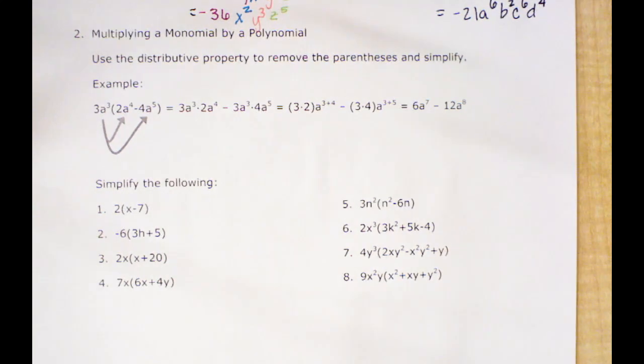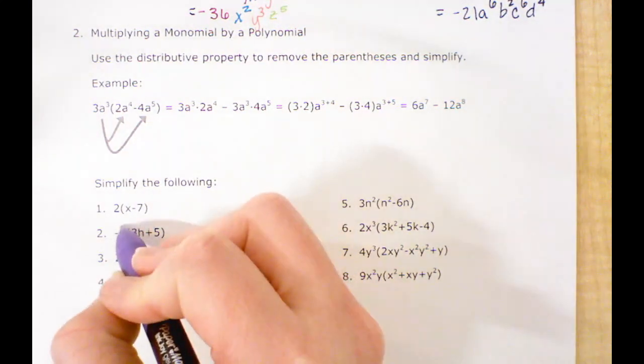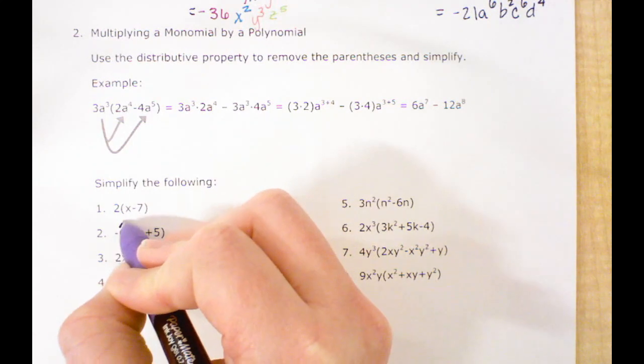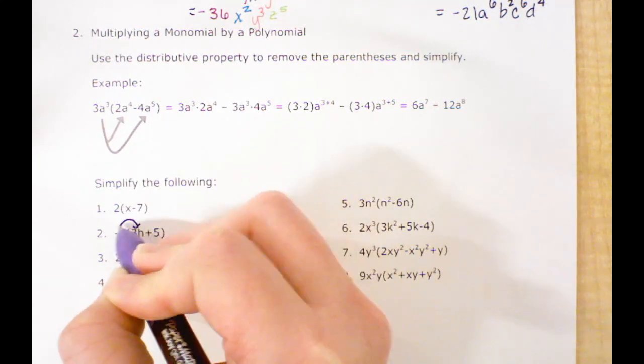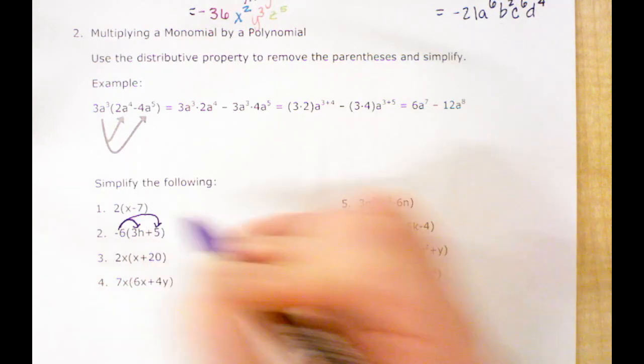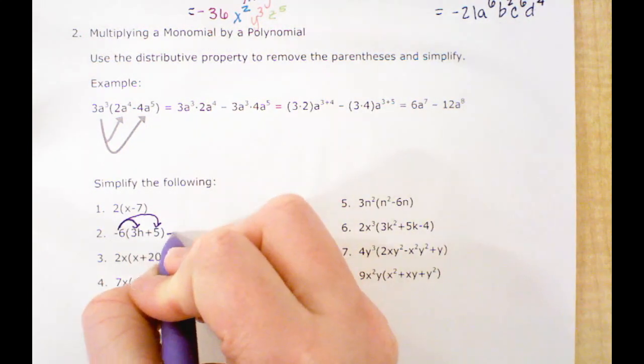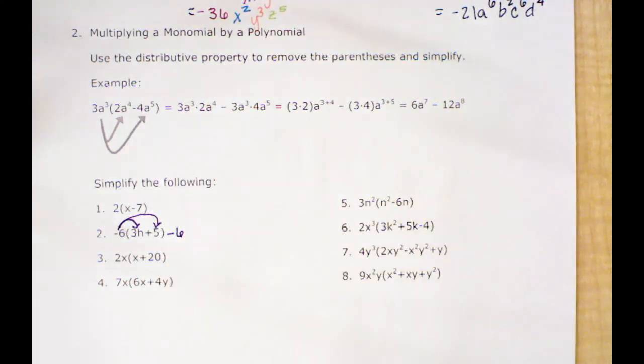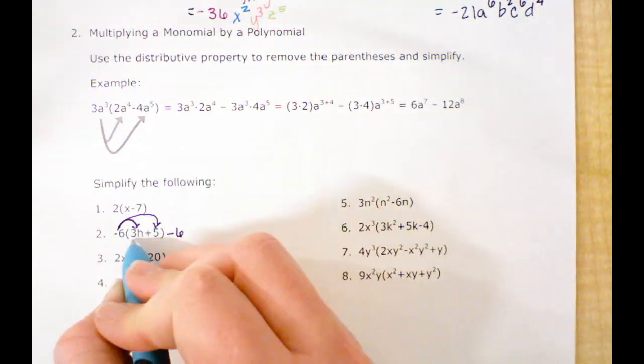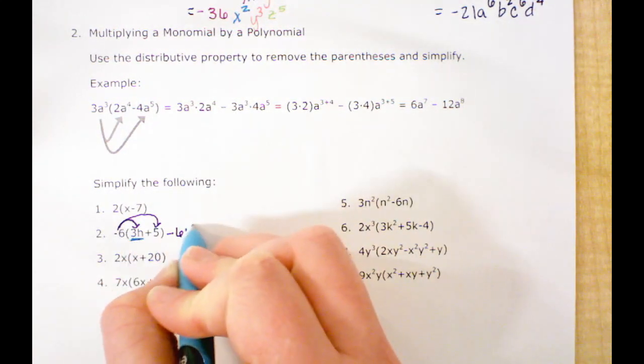So we're going to keep doing the evens. So we have negative 6, we're going to distribute it to here and to here. So that's our distribution. So we're going to get negative 6 times, I'm going to do this one in blue, times 3h.